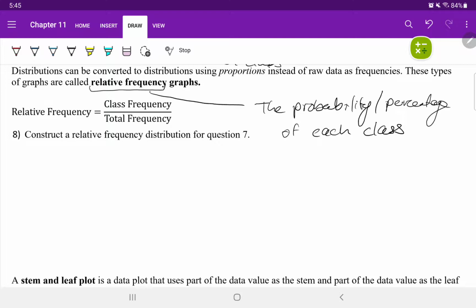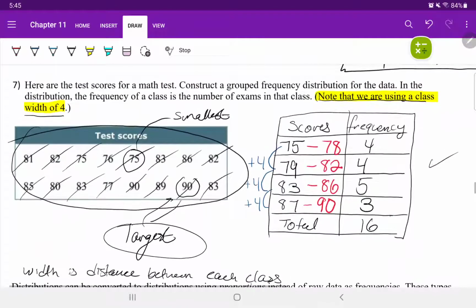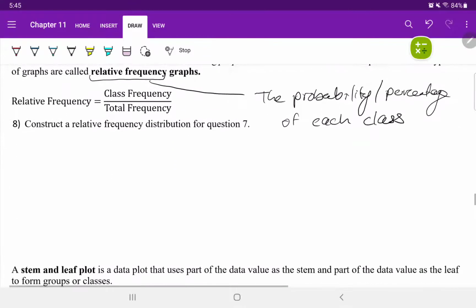We're going to construct a relative frequency distribution for question 7. And remember, in question number 7, it had us construct a grouped frequency distribution. So let's take this table and let's make a relative frequency distribution. So we have scores.